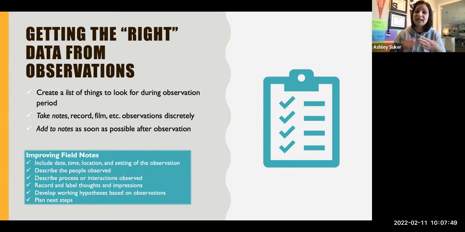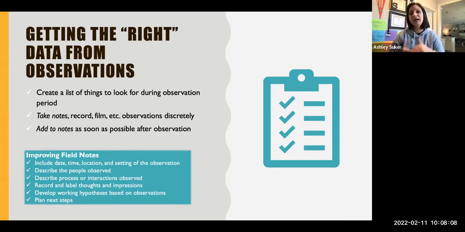And then finally, add to notes as soon as possible after the observation. It's really easy to forget things. And in the moment, you may be taking shorthand notes or not very detailed notes, but as soon as that ends, the researcher really does need to go to a quiet place and add as much as they can remember.